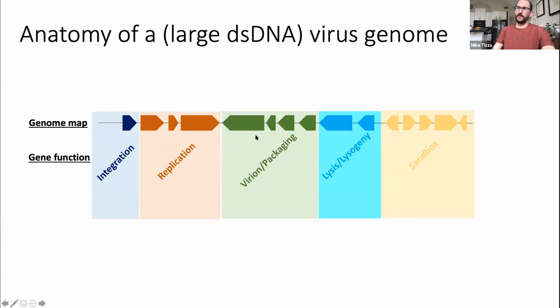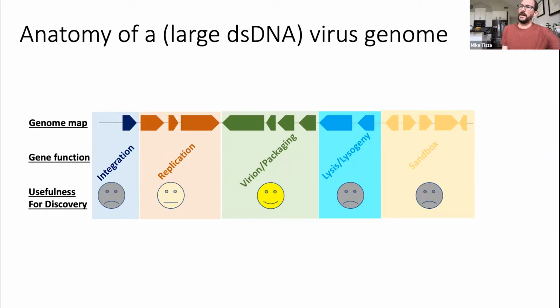Because it's a virus, it has virion proteins like major capsid proteins and packaging proteins like terminases. There's usually genes to control the lysis-lysogeny decision like lysins. And then most of these genomes also have these sandbox areas, which tend to consist of a lot of hypothetical proteins, but could also be things like DNA methylases and anti-CRISPRs and auxiliary metabolic genes, for example.